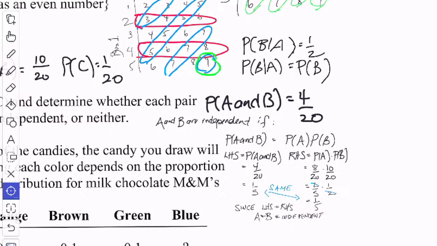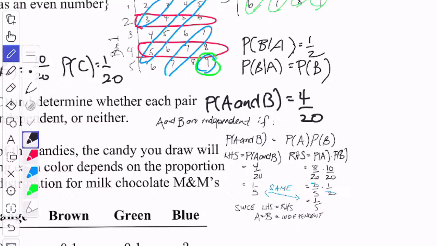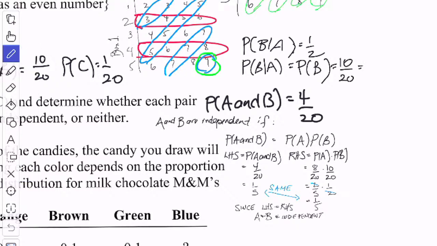It turns out that this is the same as the probability of B. What was the probability of B again? It's 10 out of 20. Well, what's 10 out of 20? 1/2. So what's happening? Whether I'm looking at all of the possible outcomes, B is half of them.